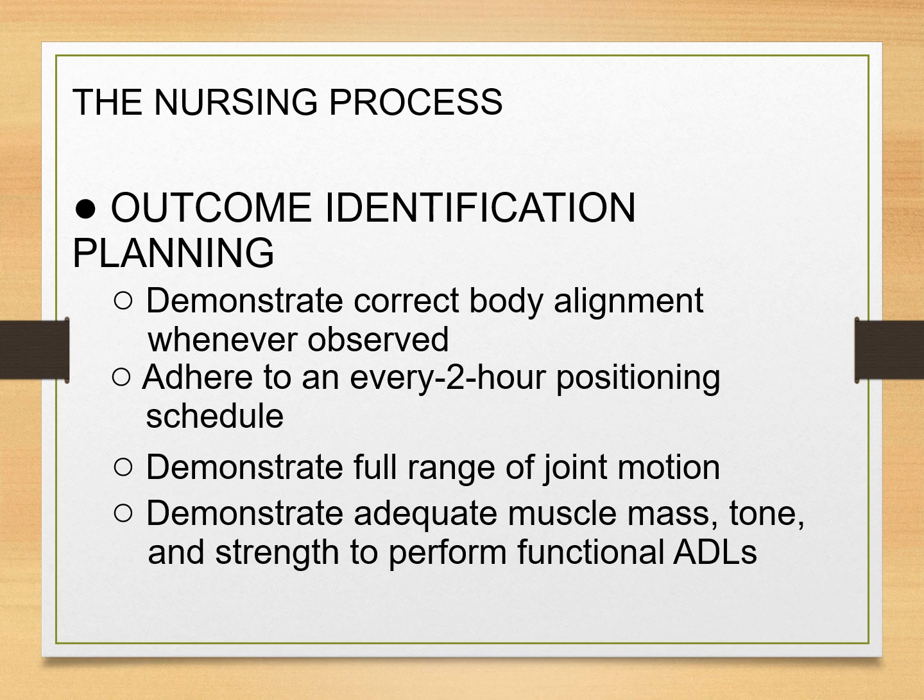Also, it can be stated as demonstrate correct body alignment whenever observed and adhere to an every 2-hour positioning schedule, then demonstrate full range of joint motion, demonstrate adequate muscle mass, tone, and strength to perform functional activities of daily living.